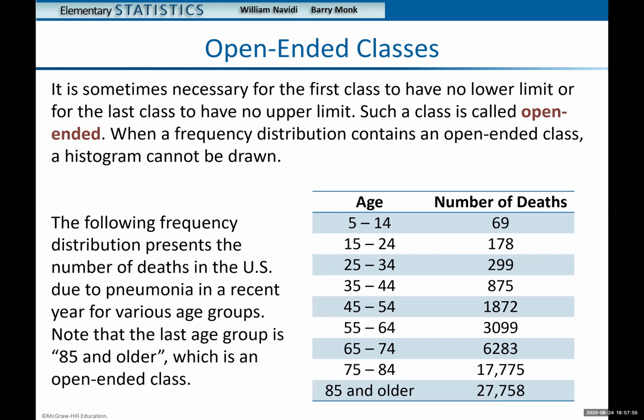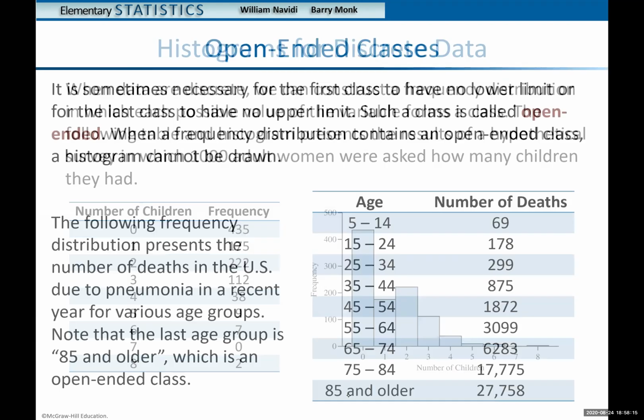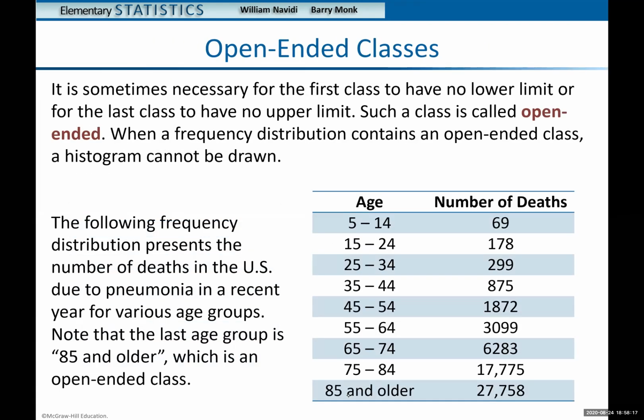So they tallied age 5 to 14, there are 69 deaths, 45 to 54, 1,872. And if you notice, the very last class is 85 and older. So meaning the last class is an open-ended class.